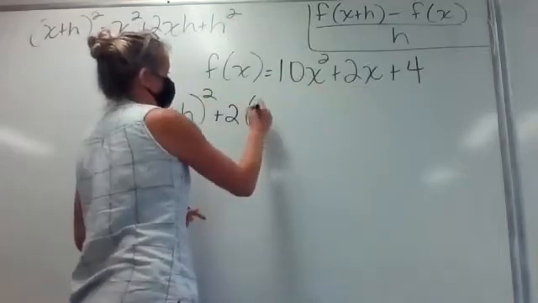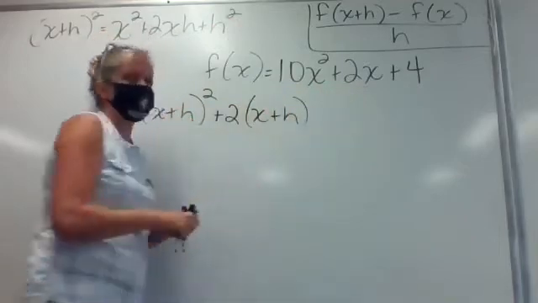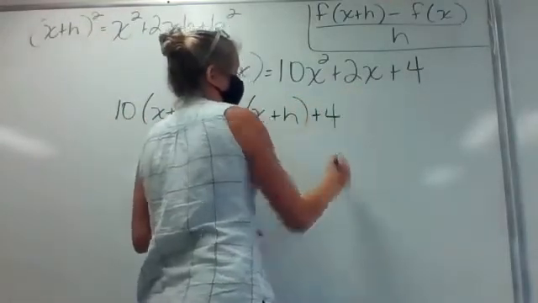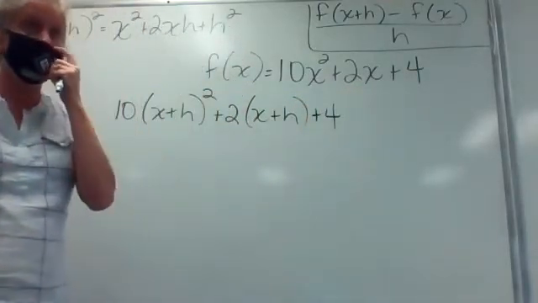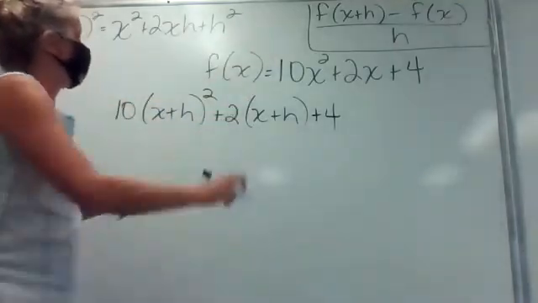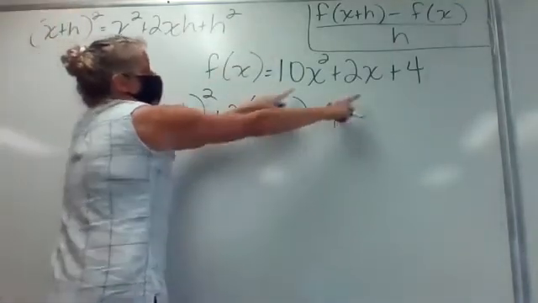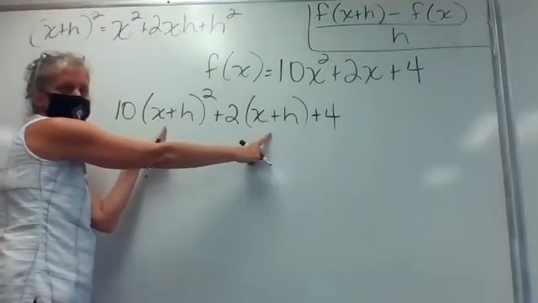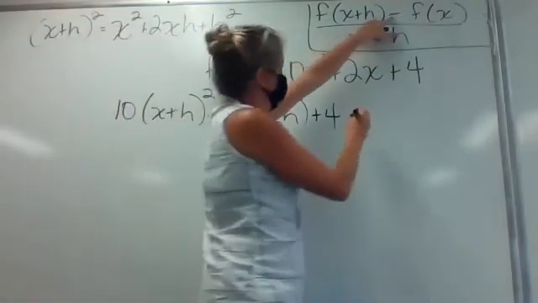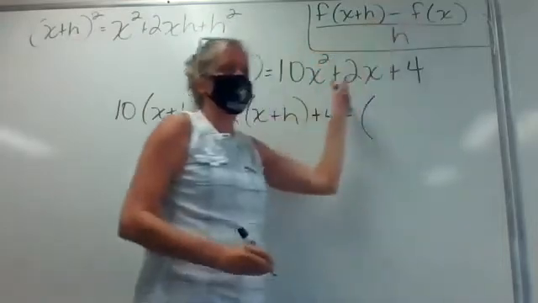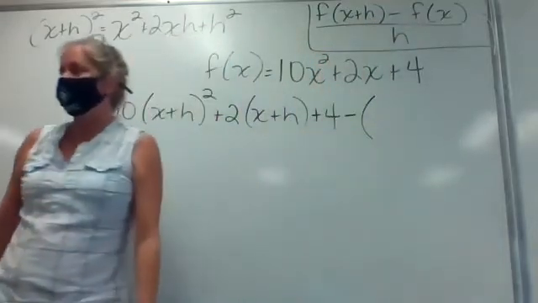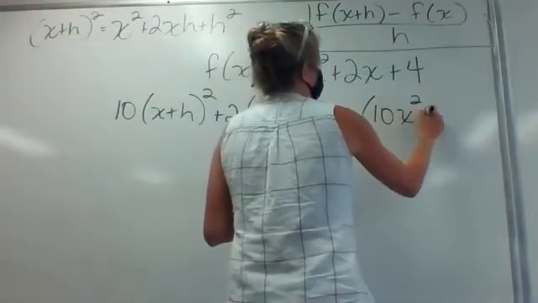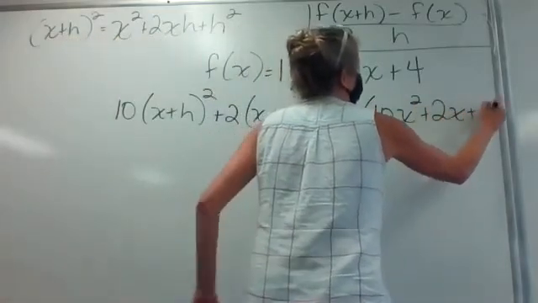Instead of x, I have x plus h plus 4. So there's the first part, right? I've rewritten the function. In the 2 places I saw x's, I put x plus h's. The second part is minus, and then in parentheses, you write the exact function. So minus 10x squared plus 2x plus 4.